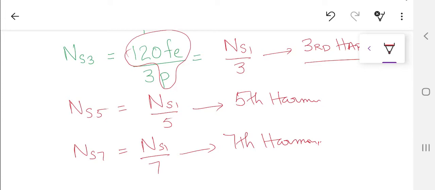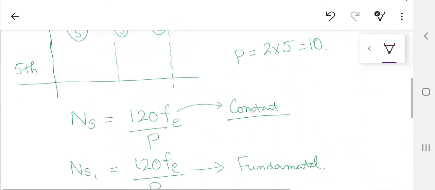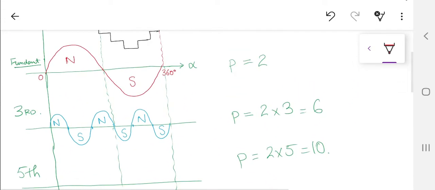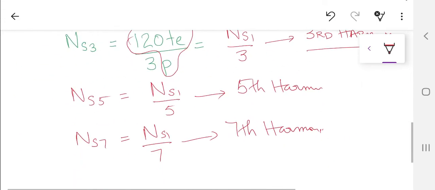So not just does the MMF waveform have more poles when it is bifurcated into its harmonics and the fundamental, but the speeds of these harmonics, or of the poles rotating in space, are also smaller.